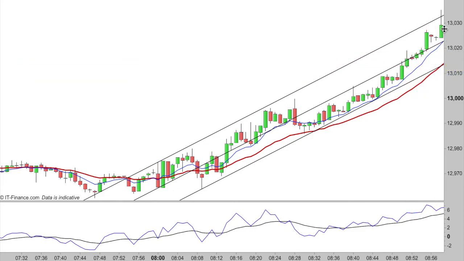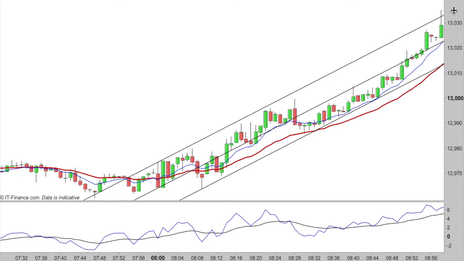And this is an important point here because the market's broken the upper channel, the upper level of value, if you like. This is a rising value channel. The average value within these prices here is rising, and the market shot out of the top. And when it does that, it means that the market has put in an extreme of value.